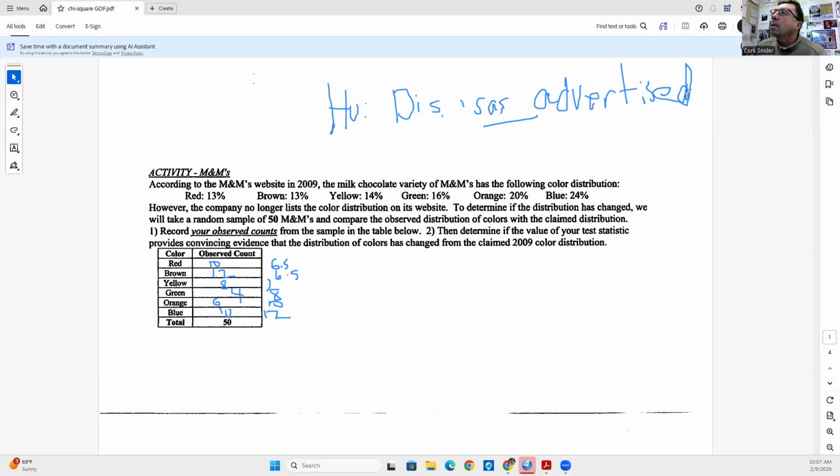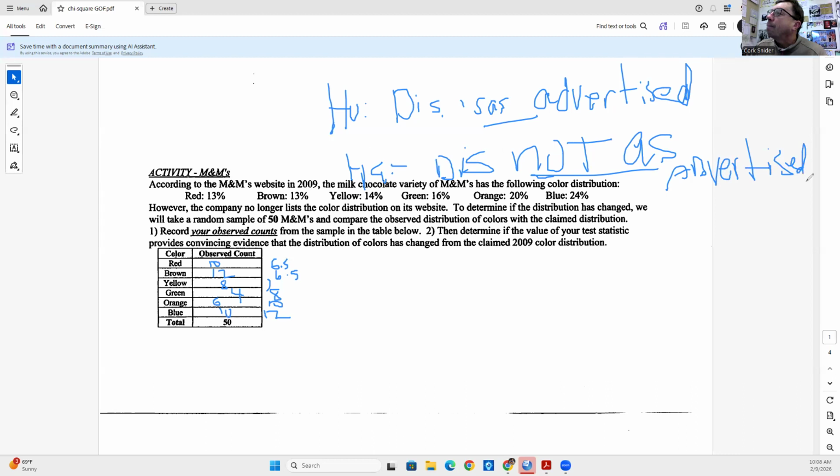And then HA could be the distribution is not as advertised, meaning it's different. HA is always something that means different. The assumptions, same old thing: representative sample, population bigger than 500, 10 times 50, all independent, and the N, all the expecteds are indeed bigger than 5. We're good to go.